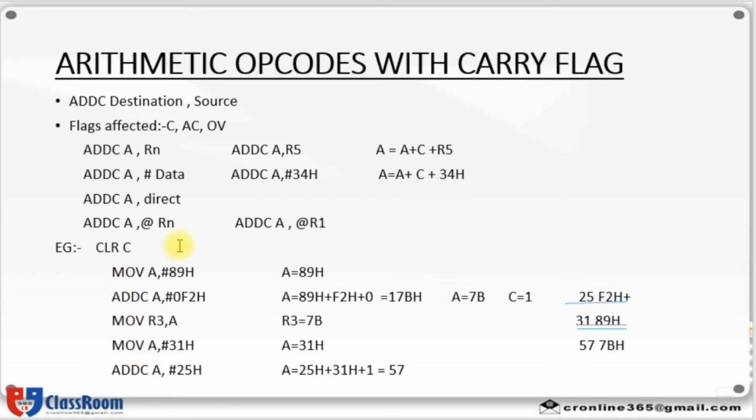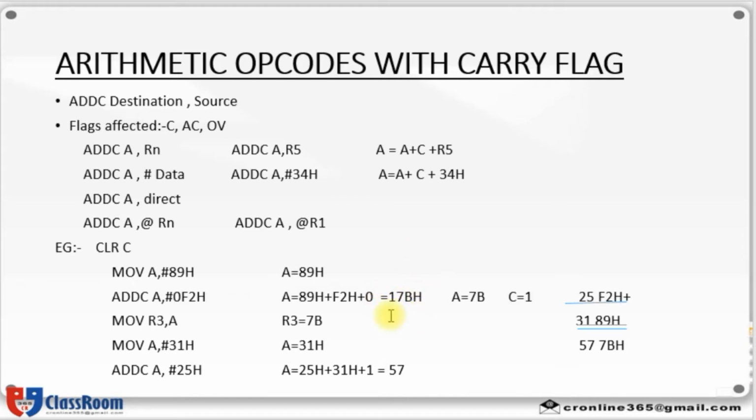CLR C. First this carry is cleared. Then MOV A, #89H. Accumulator will be having the value 89. Then ADDC A, #0F2H. So accumulator can add this together. 89H plus F2H plus 0 will give you one result.